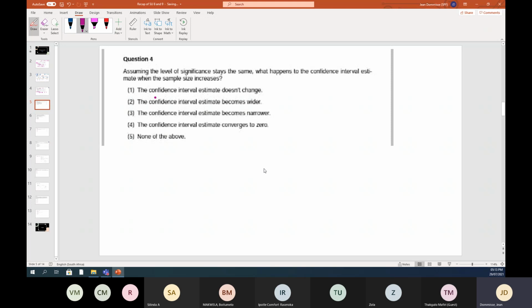Okay, so let's look at this, because this is something that I think they can include in the assignments and also in the exam, because this is testing your theory, but without giving you a definition to complete or anything like that. So remember, this was the formula for the confidence interval.